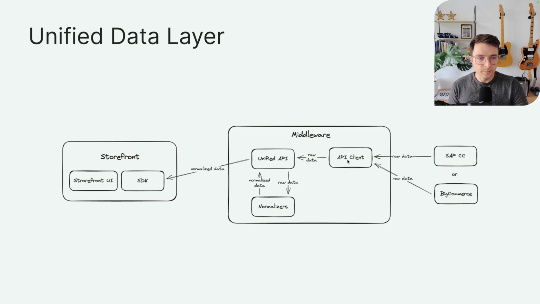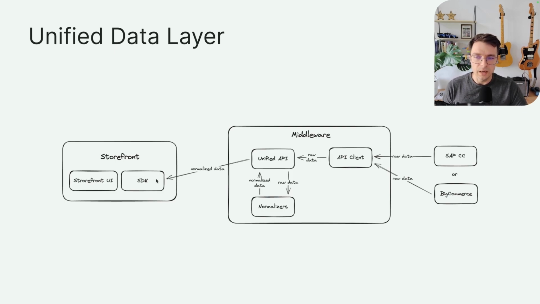This is how it works. The API client calls the backend engine to fetch the raw data. It could be SAP Commerce Cloud, BigCommerce, commercetools, or whatever. Then the normalizer converts the raw data into normalized data. And the normalizer is simply a function that does this conversion.